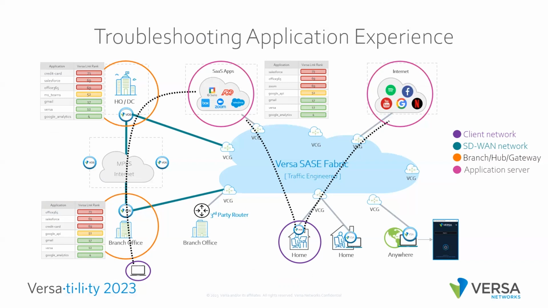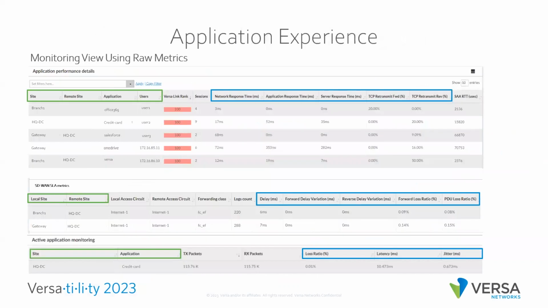But if you want to know what was the reason for the bad experience, you need to further analyze various raw metrics. So the first metric here is based on passive monitoring, where per application, per user, we collect metrics such as the network response time, application response time, server response time, retransmissions, etc.